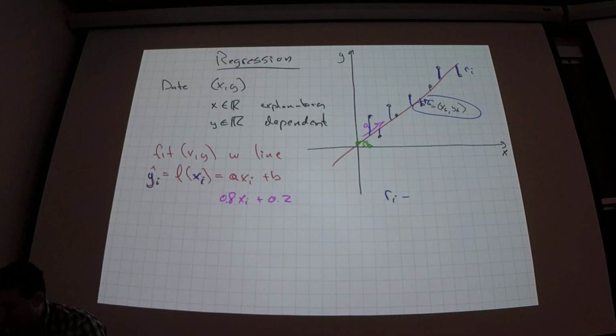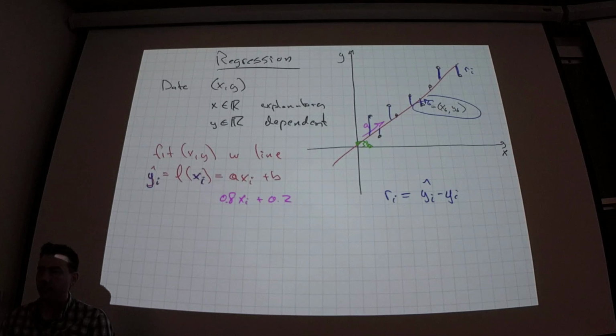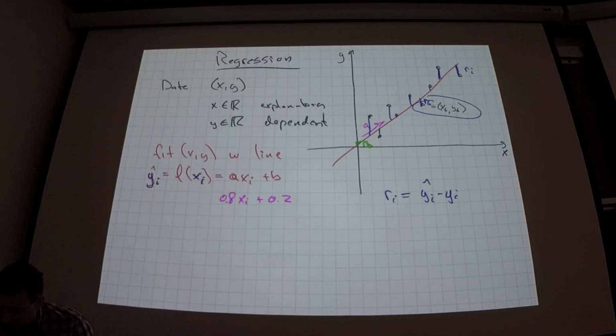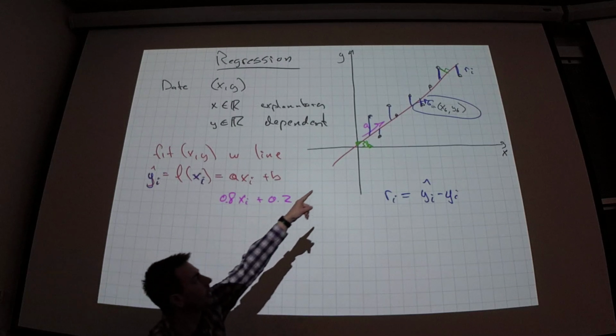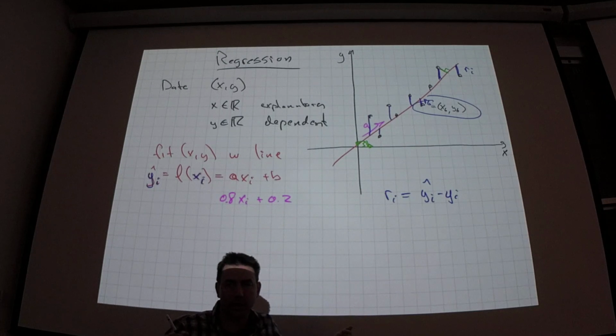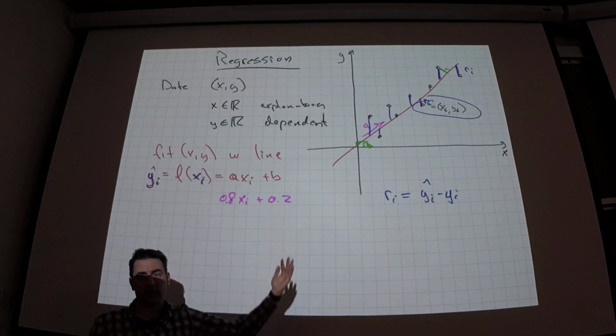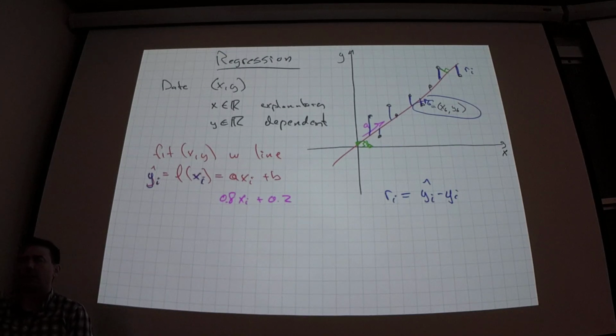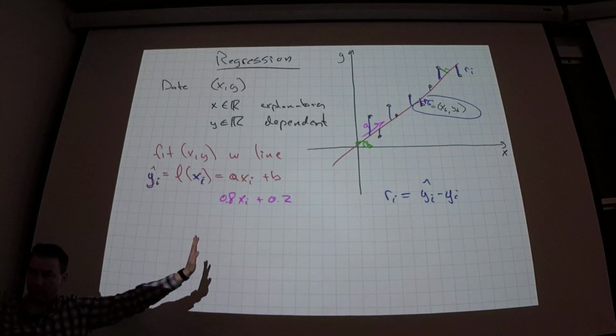And so Ri is going to be, let's say, yi hat minus yi. So what I'm not doing, I'm not measuring the error in this way, right? I could think of measuring the error to be the closest point on the line, okay? I could think of measuring it that way. That's not how I'm measuring the error. I'm only measuring in the direction of the y variable, okay?